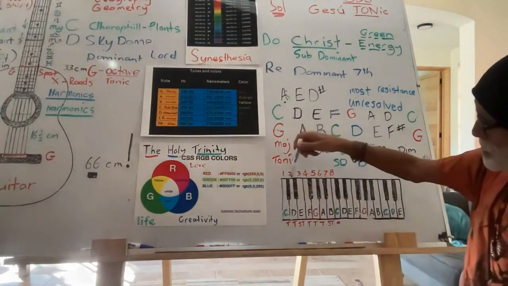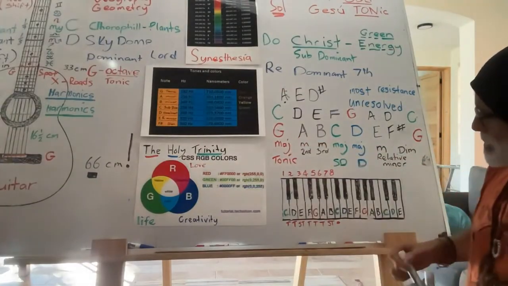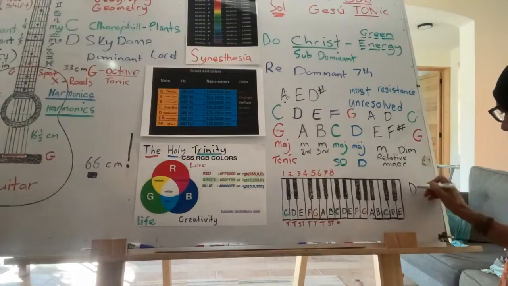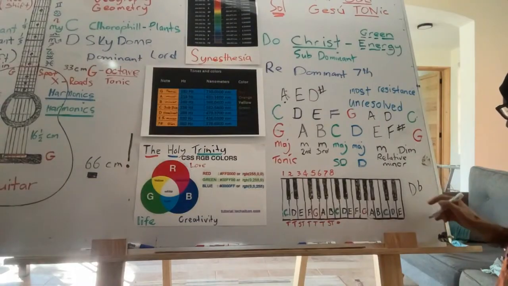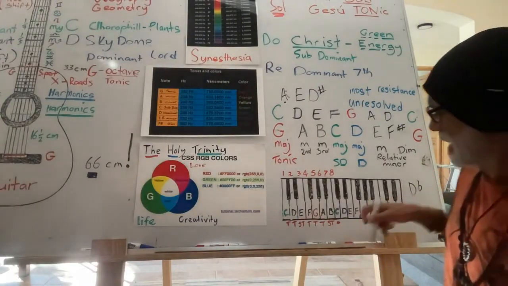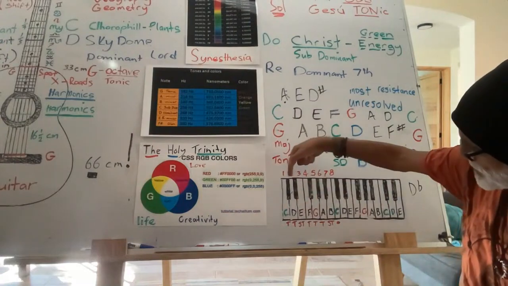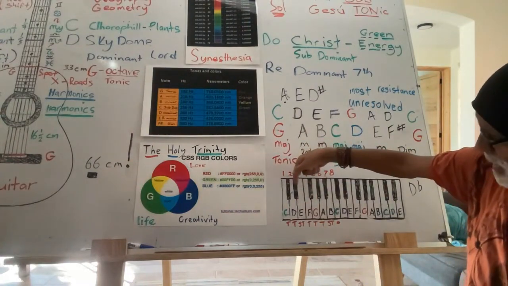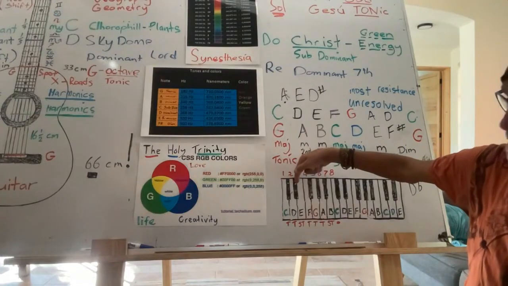You see, this is a C sharp or a D flat, which is written like this, with a flat. So this is C sharp or D flat. This is D sharp or E flat.